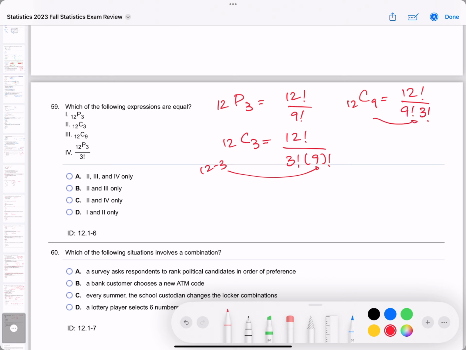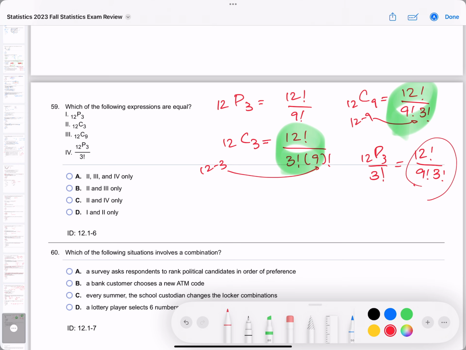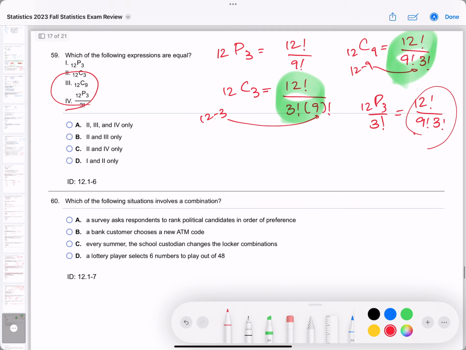The 3 again is that 12 minus 9. And you can see definitely that these so far are the same. And then this one here, 12P3 over 3 factorial, is going to be the 12 factorial over 9 factorial that I had in the first one, but then it adds another 3 factorial. So that's identical as well. So these three are the same.